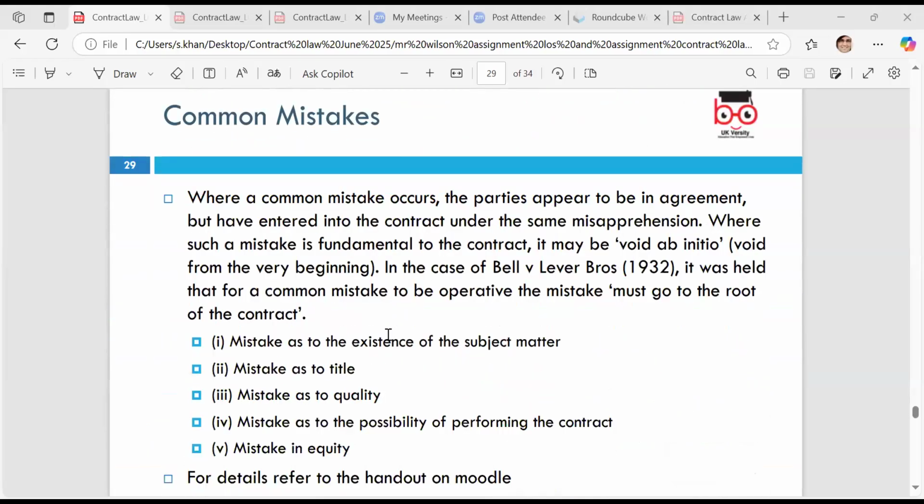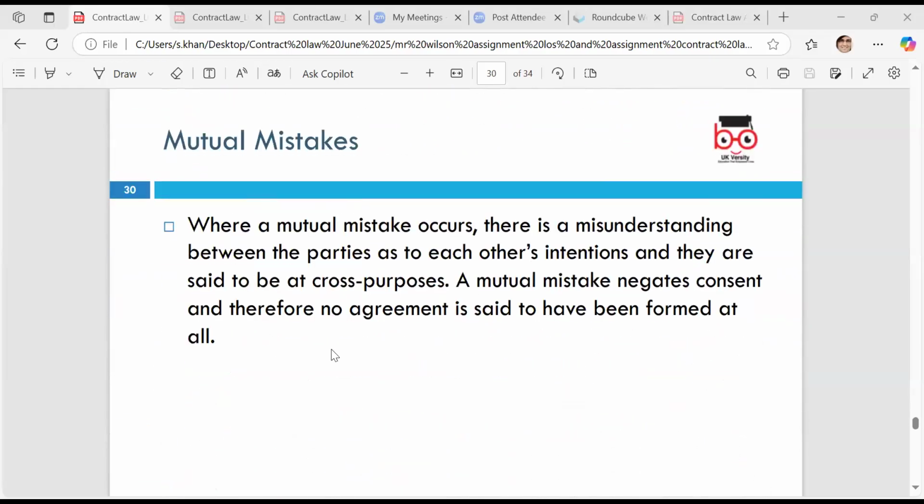Common mistake is where both parties share the same mistaken belief about a fundamental fact. For example, both parties mistakenly believe a specific item exists, but it has been destroyed. The next one is mutual mistake, where parties misunderstood each other's intentions, leading to different interpretations of the contract terms.